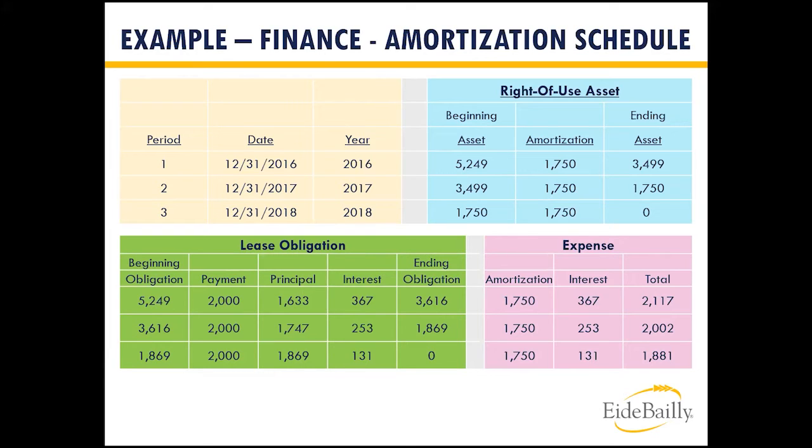But now the expense recognition is a little bit different. Now we have straight line amortization of the right of use asset of $1,750 every year, and then we have expense recognition for the interest expense. If you see, our total expense actually decreases over time related to that reduction in the interest expense. So the expense recognition under finance and operating lease, that's where the difference is related to the standard.